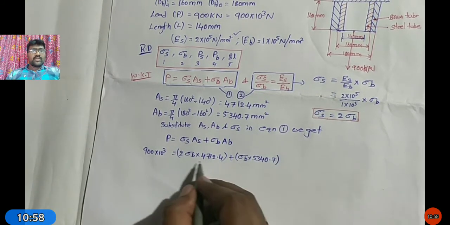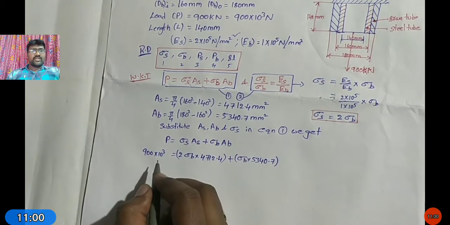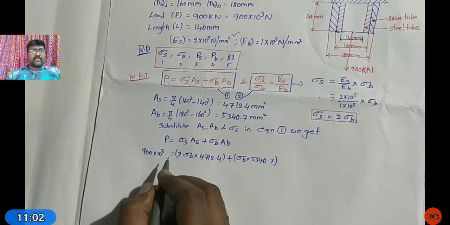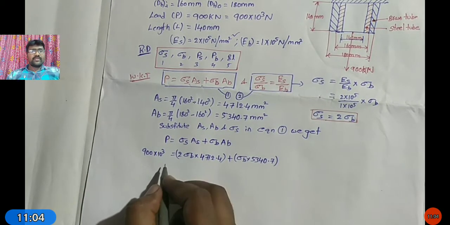By simplifying this equation we can get the value of sigma B.